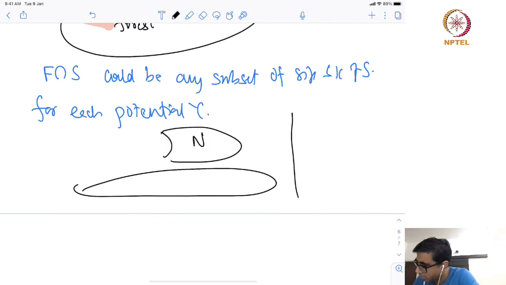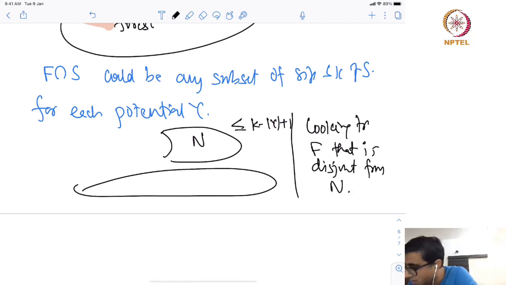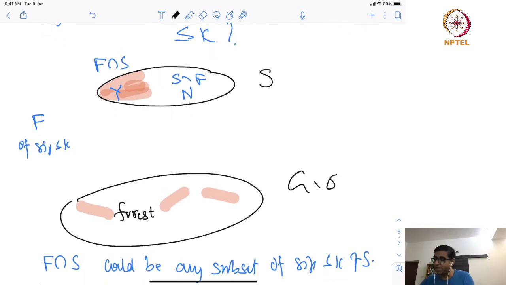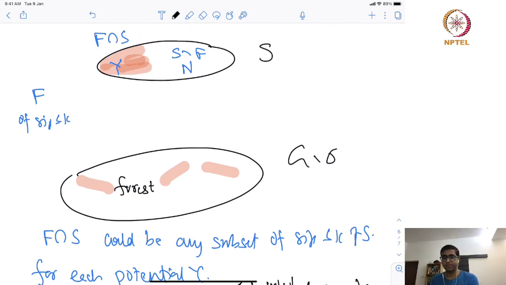This still forms a solution, but maybe of size k minus mod Y plus 1. And now we are looking for F that is disjoint from N, because we already have guessed Y. So, you delete Y. Like for most of the problems, we know that I am going to construct F which contains these Y vertices, then I guess those vertices and I delete.